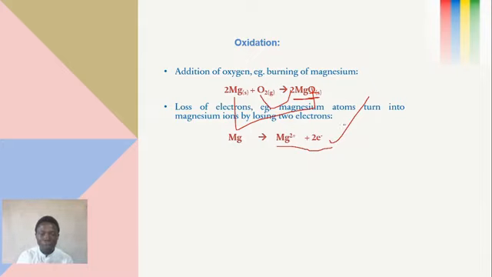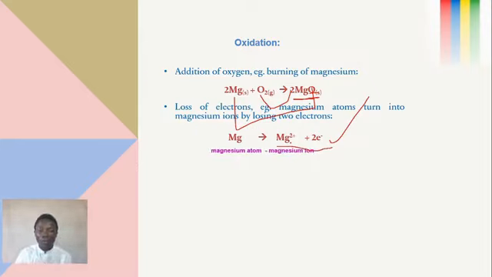Are we together? So an atom is losing 2 electrons to become a magnesium ion, carrying a positive charge. Are we together? Good. So this is an oxidation, loss of electrons. Okay, good.